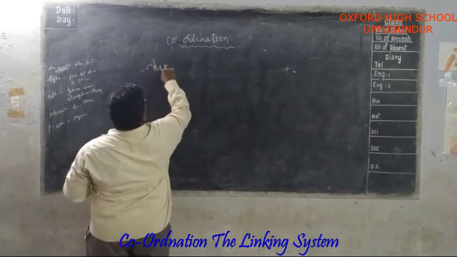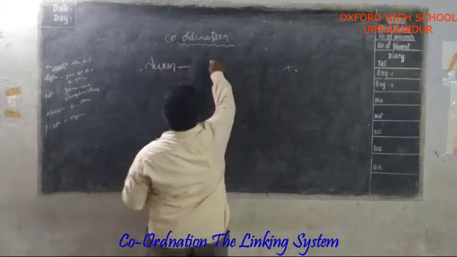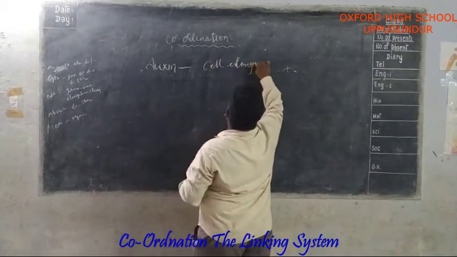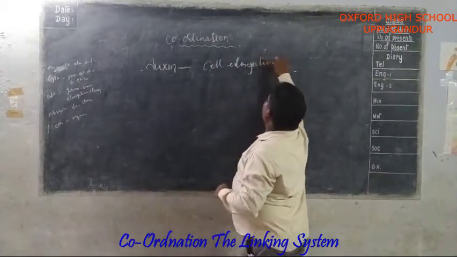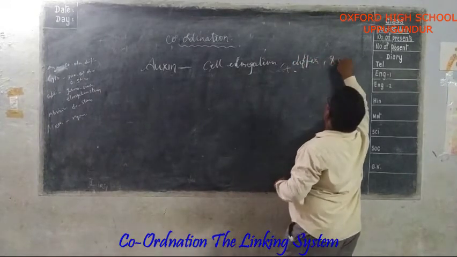Auxin. Auxin is useful for cell elongation and the differentiation of root and shoot.